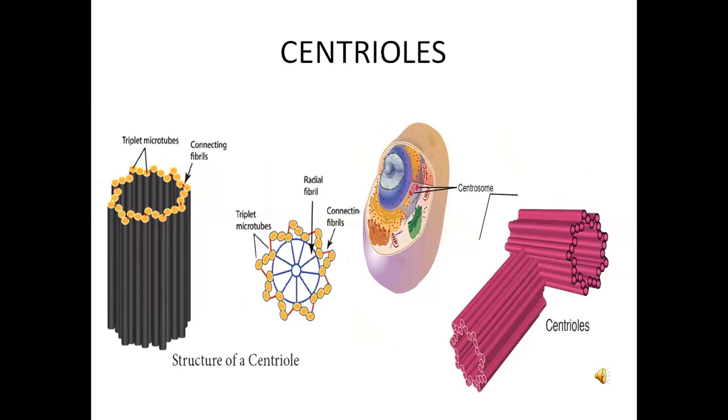Next, centrioles. Centrioles are generally found close to the nucleus and are made up of tube-like structures. Centrioles or centrosomes are present only in animal cells and absent in plant cells.